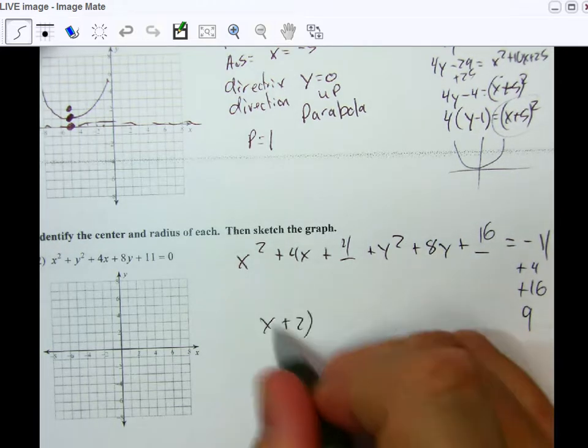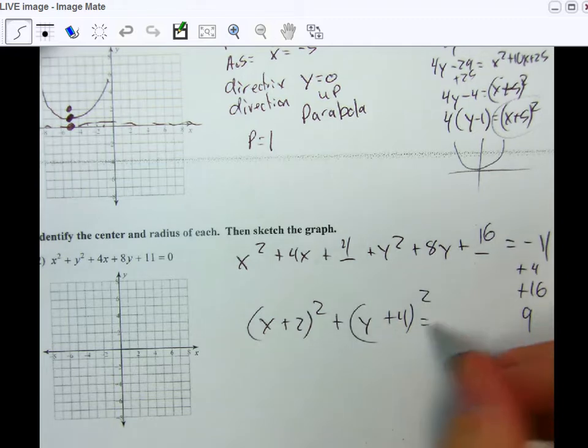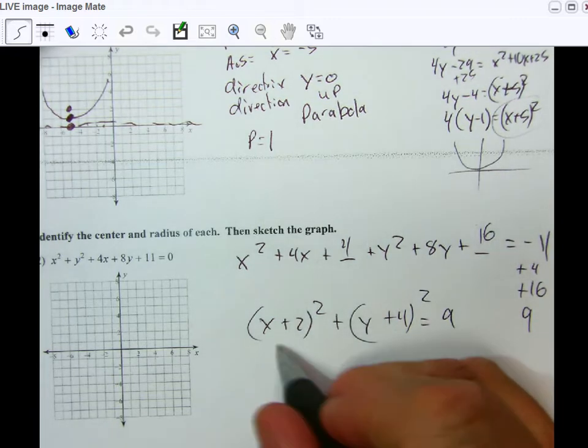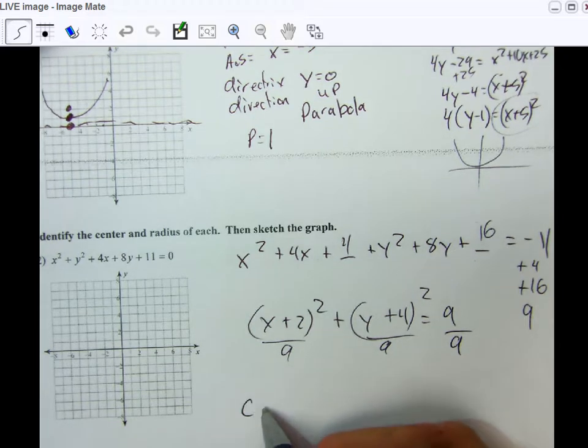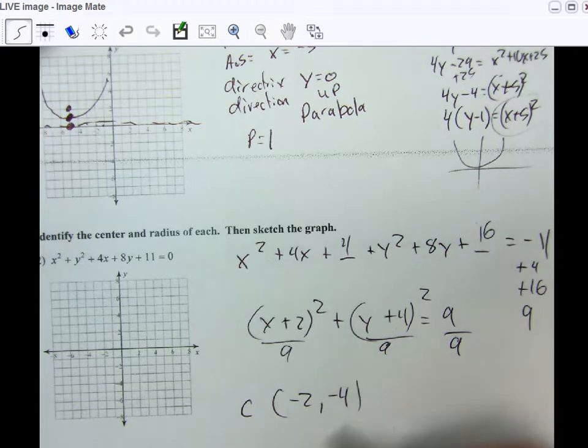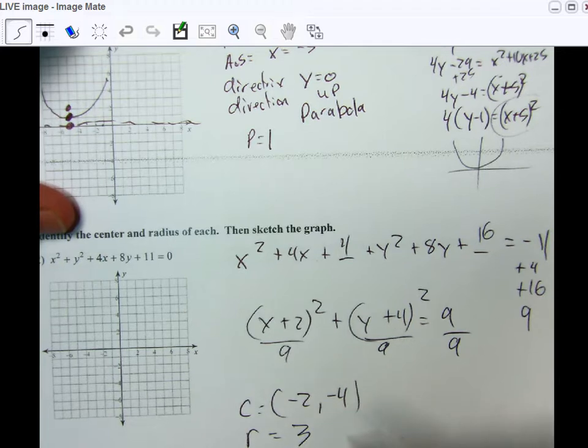That's x plus 2, the quantity squared, plus y plus 4, the quantity squared, equals 9 over 9 over 9 over 9. So the center is -2, -4. And the radius equals 3.